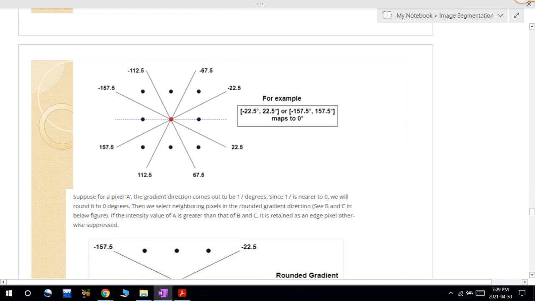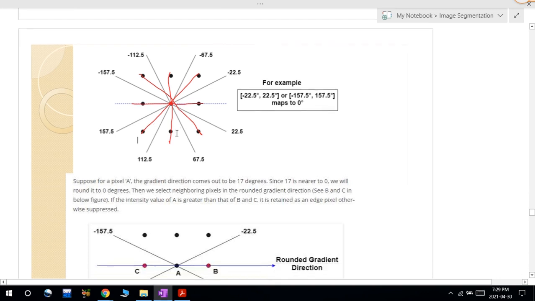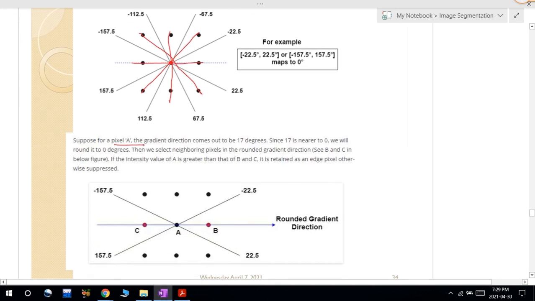If I have one point, then for this point I will consider these neighbors, or for this point I will consider these neighbors, and for this I will consider these four neighbors. Suppose we have this pixel A, which has a gradient direction. This pixel is an edge point.